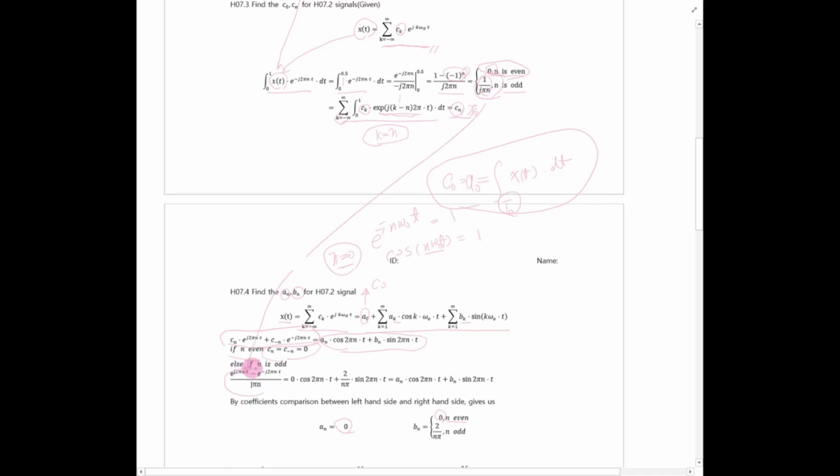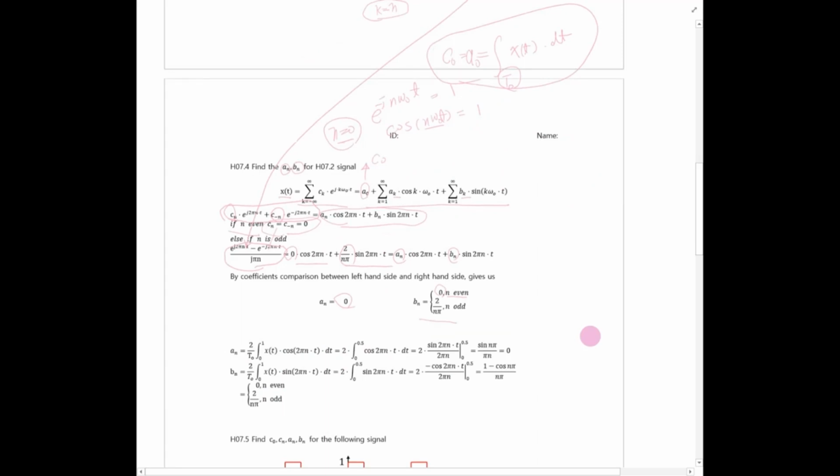By use of that one, plus n and minus n, these terms remain, but this term means 0. So an is 0 and bn equals 2 over n pi, by comparing the coefficients of cosine and sine. So we got the result.